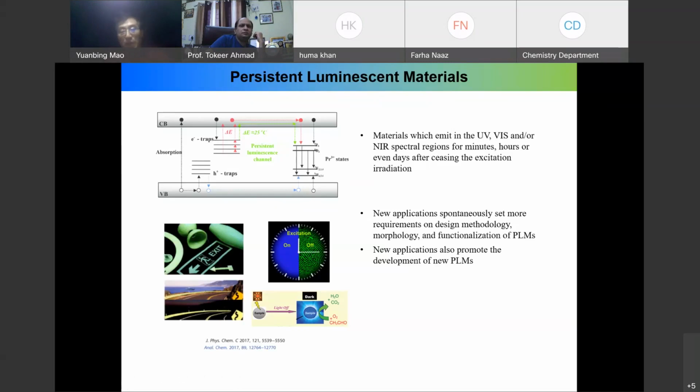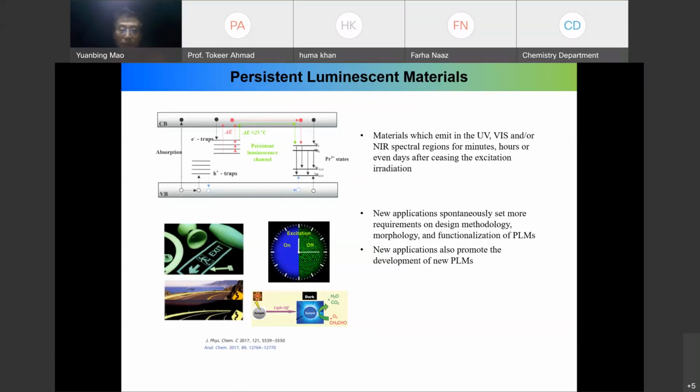The idea is if we paint these roads with this type of persistent luminescent material, it will absorb light from sunlight during the daytime, and then in the nighttime it will luminesce, so we can see the roads.